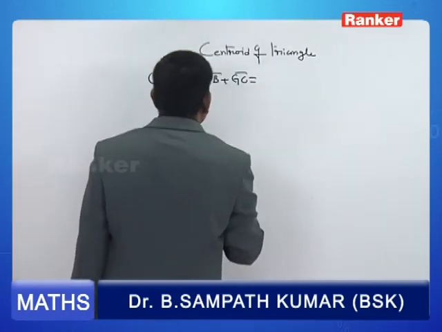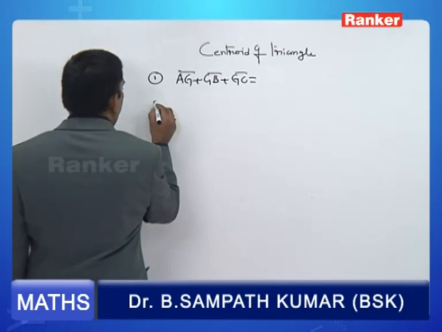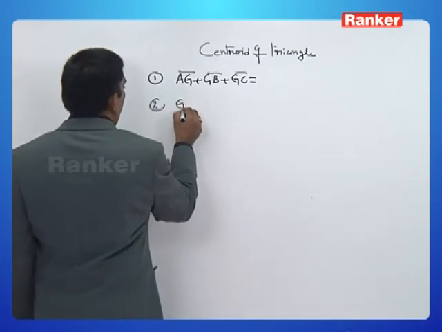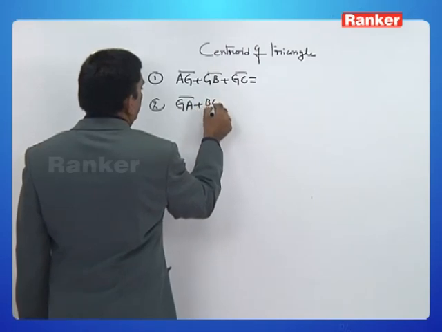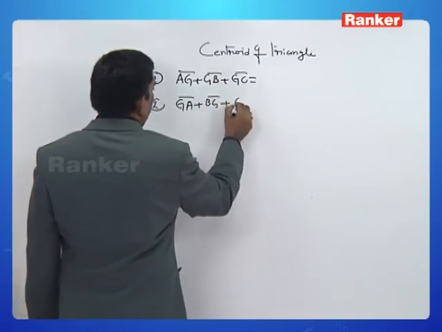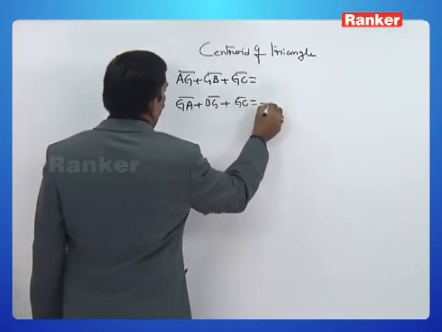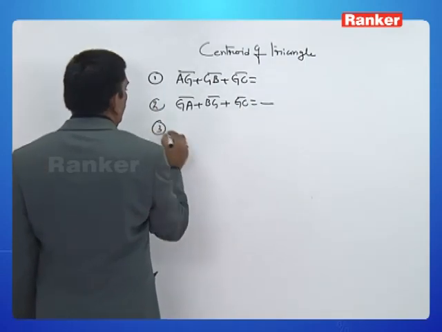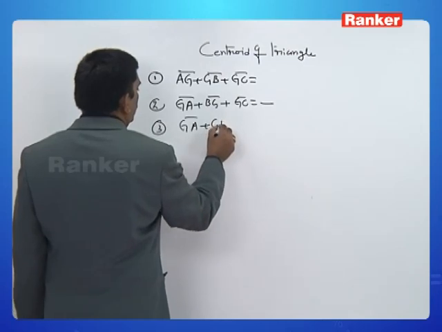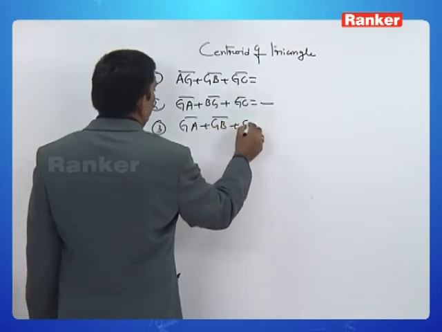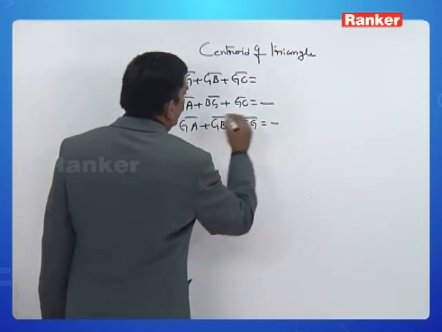The second one is GA bar plus BC bar plus GC bar is equal to dash. The third one is GA bar, GB bar plus CG bar is equal to dash.